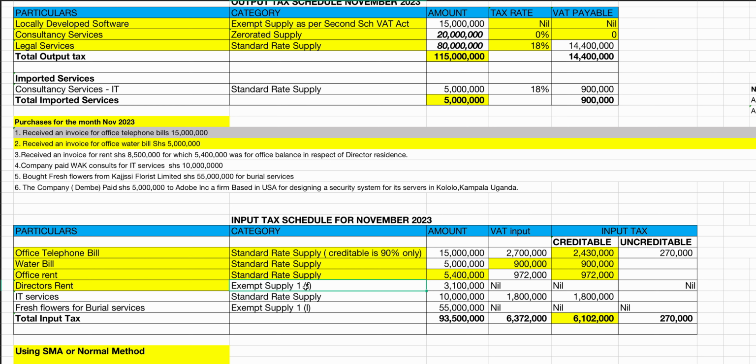So that is exempt under the second schedule of the VAT Act, paragraph 1, subparagraph F. And for this, we will have it as nil.